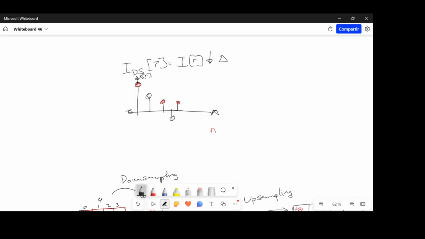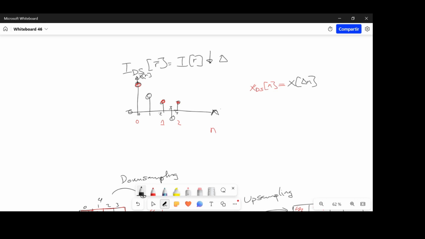So let's put numbers here. This is 0, 1, 2, 3 in the original space. But in the new space, this is sample number 0, sample number 1, sample number 2. And the relationship between the two is that the downsampling at the index n is x of delta n.